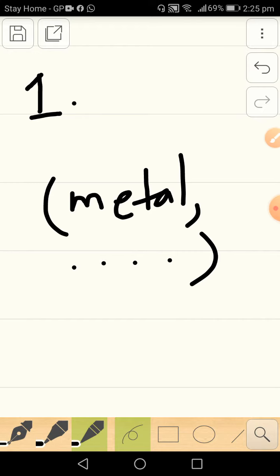So the solid is added in small portions with the acid.